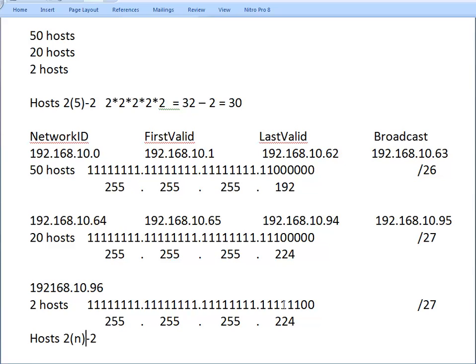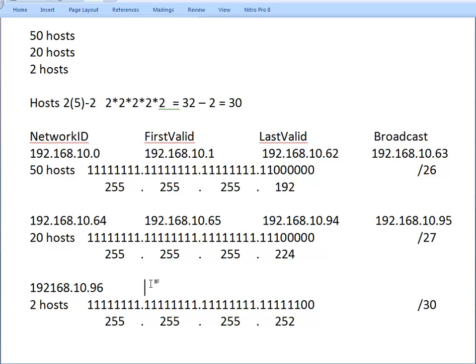If we leave just 2 zeros, the formula will be 2 times 2, which is 4, minus 2 equals 2 hosts. Okay, so yes, we need only 2 zeros. This will change to 252, because when you add 128, plus 64, plus 32, plus 16, plus 8, plus 4, it equals 252. This you will say /30.